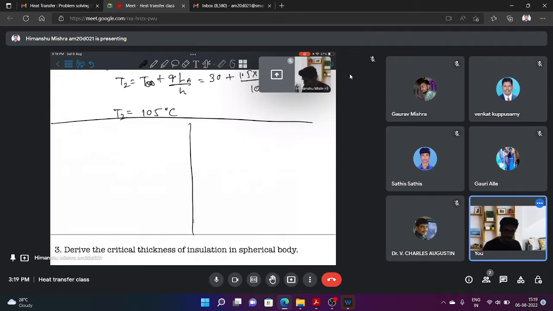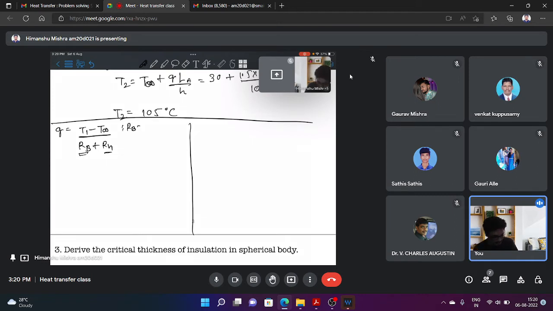For temperature T1, I can use the resistances: RB and RH. RB is the resistance of slab B, and RH is the convective resistance.